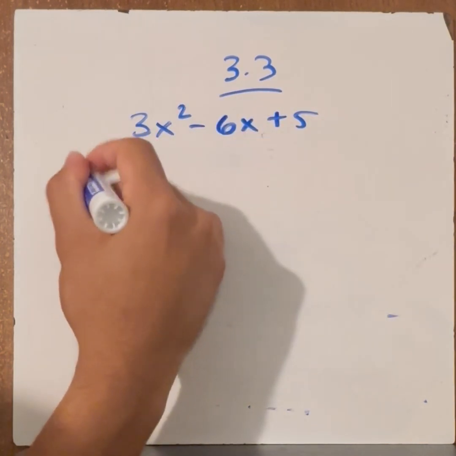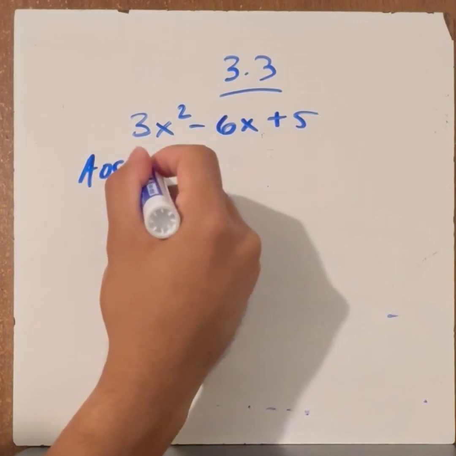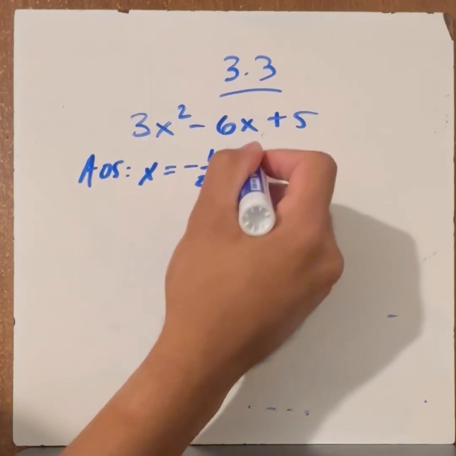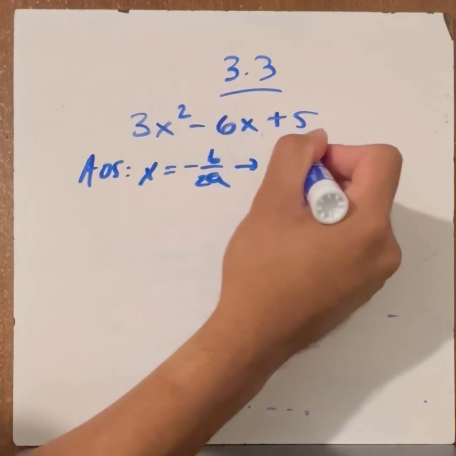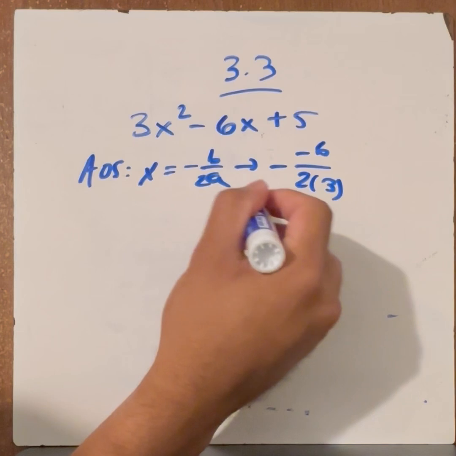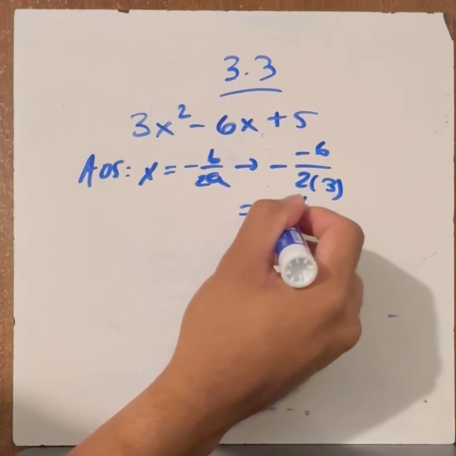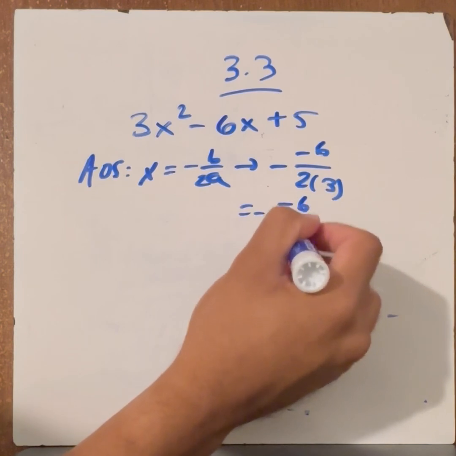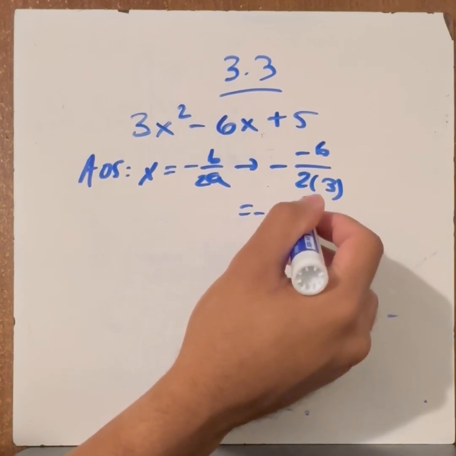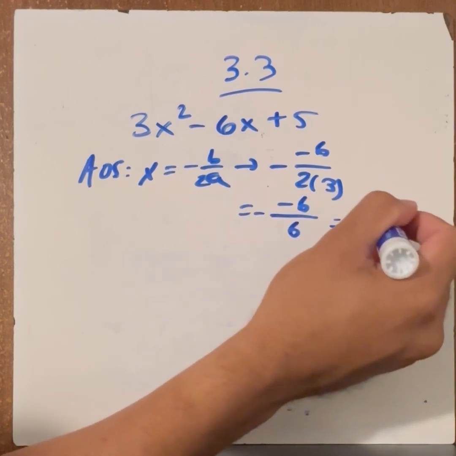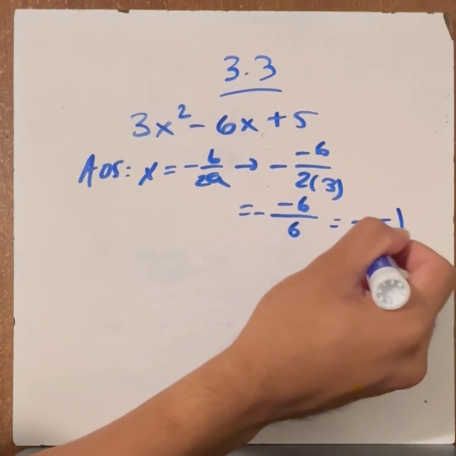So the axis of symmetry is x equals negative b over 2a. Negative b is negative of negative 6, over 2 times a, which is 3. 2 times 3 is 6. So negative 6 divided by 6 is negative 1. Then we have the negative in front, so negative 1 makes positive 1.